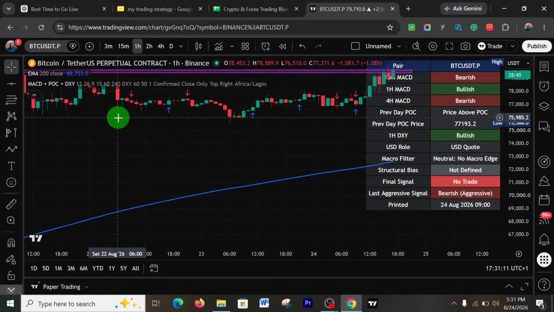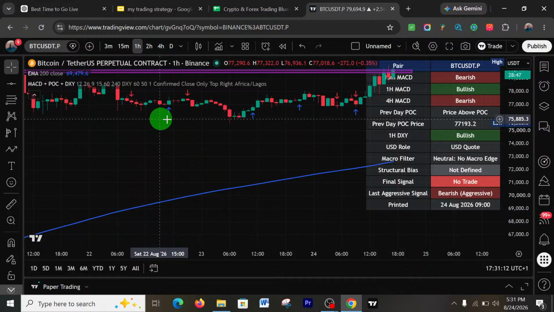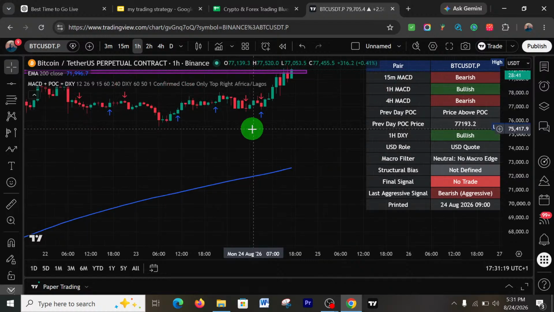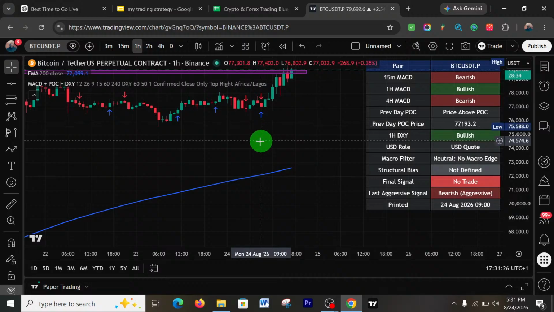So if we look at this, 24th, around 9, it printed a bearish aggressive, and because this is against the trend, most times you have to be careful with it, because most of the times you're taking a bearish aggressive in an uptrend.